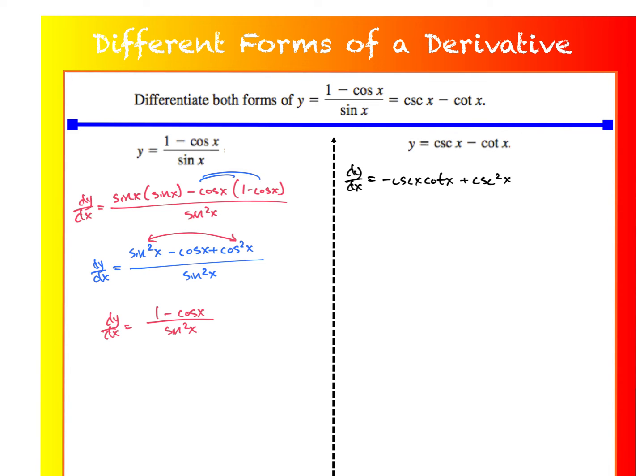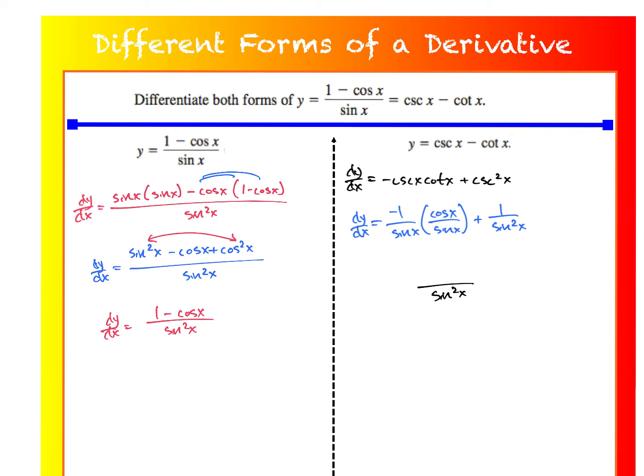So this cosecant is really negative 1 over sine. Cotangent's really what? Cosine over sine. Plus, what is cosecant squared? 1 over sine squared. Now, do you see anything beautiful that happened? They had common denominators, and the common denominator is what? Sine squared.